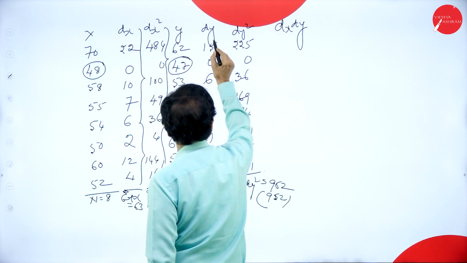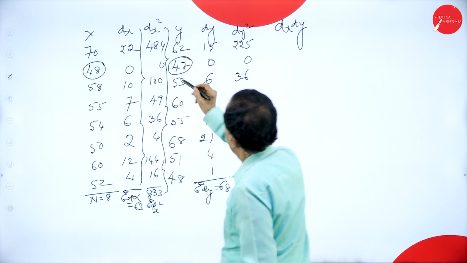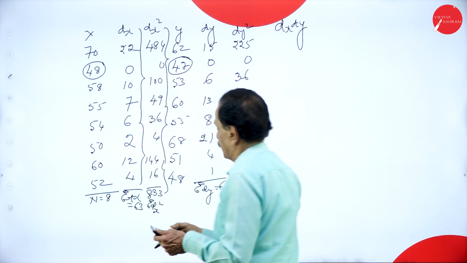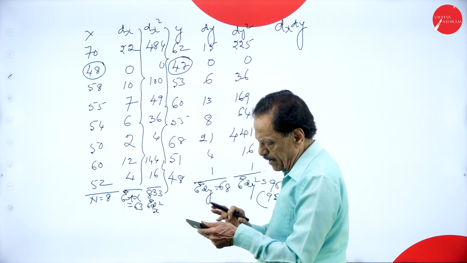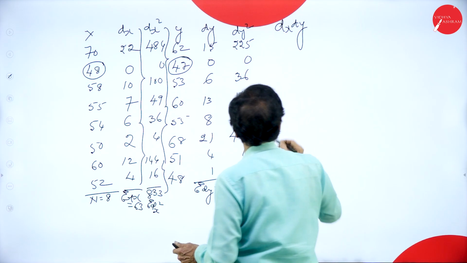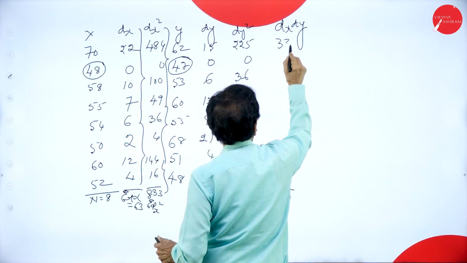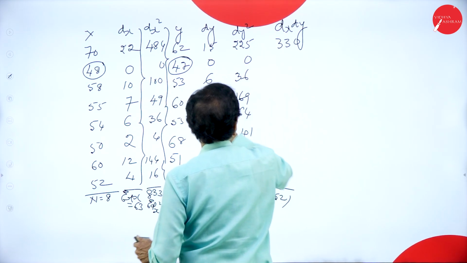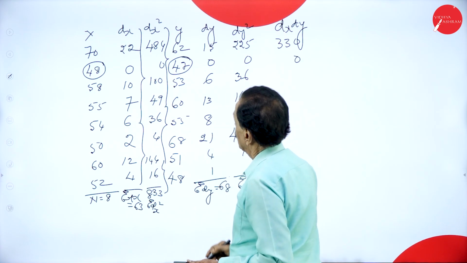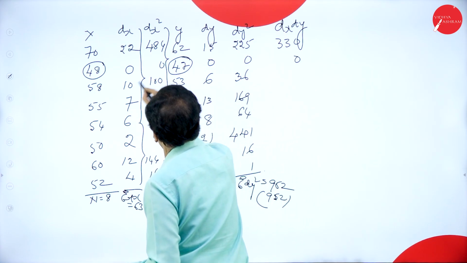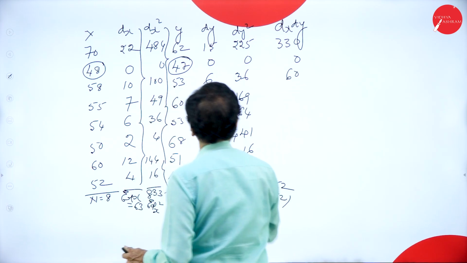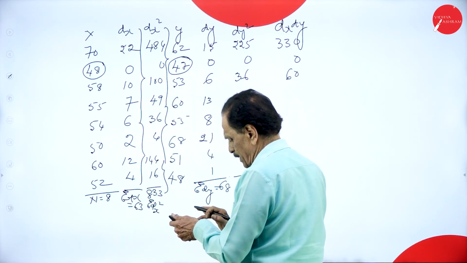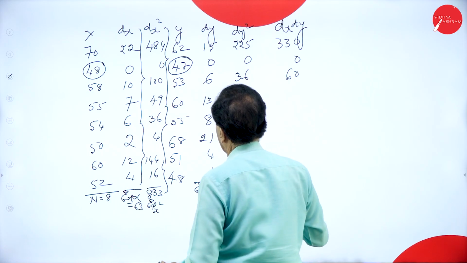Last step, dx dy. Deviation of x, deviation of y. dx is 22 into 15, which is 330. 0 into 0 is 0. Then 10 into 6 is 60. 7 into 13 is 91.